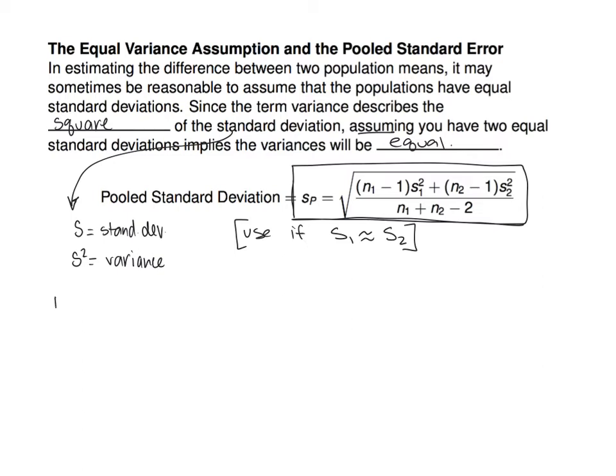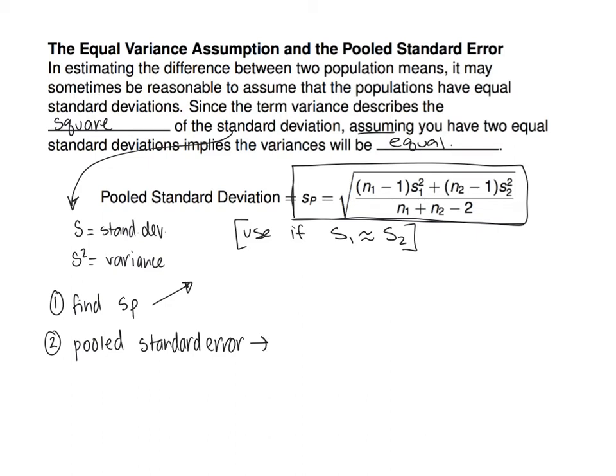The first thing you do is find s_p using that formula up there. And then the next thing you do is find the pooled standard error.